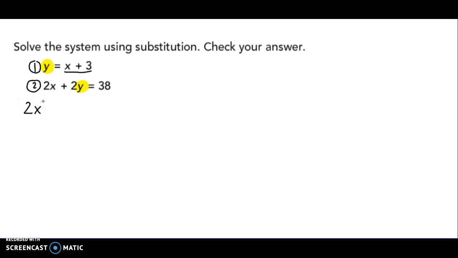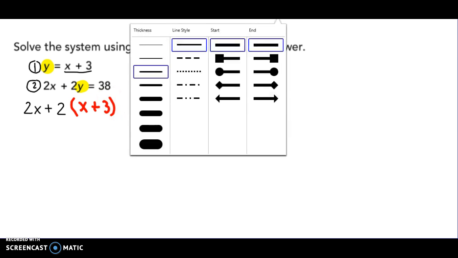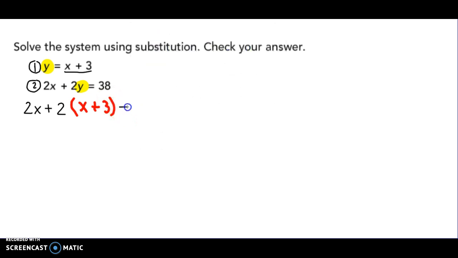So my equation should now read 2x, so I'm substituting equation 1 into equation 2. So I have 2x plus 2, my y equals x plus 3, and then I'm going to go back to equals 38.